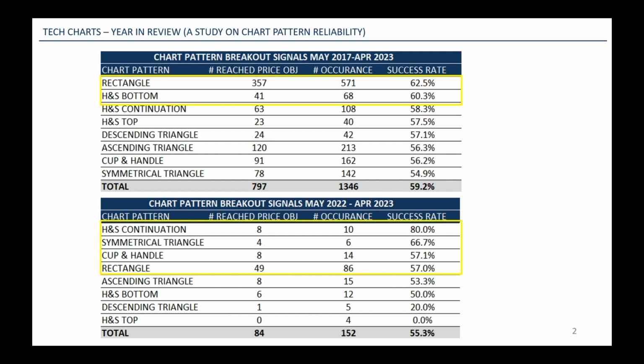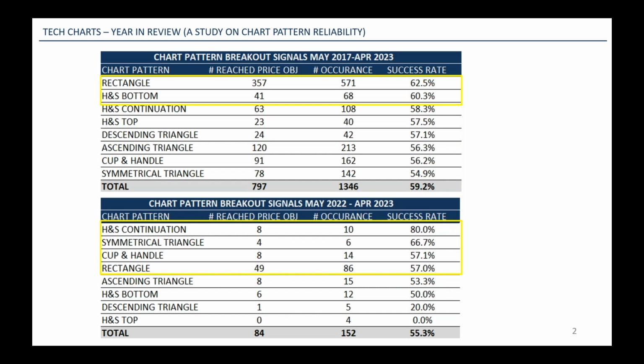If you have a descending triangle versus a head and shoulder bottom or head and shoulder top, you can prefer the head and shoulder varieties to the other chart patterns if you want to choose between those, given the success rates.